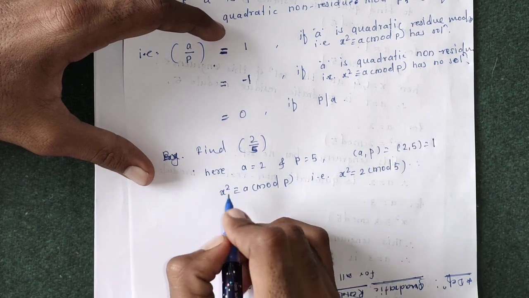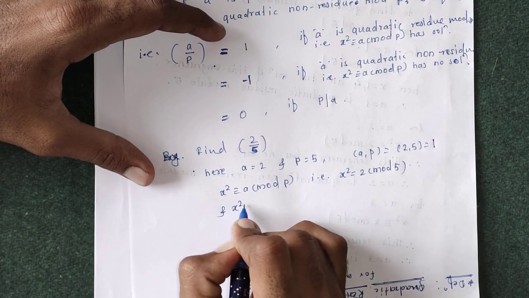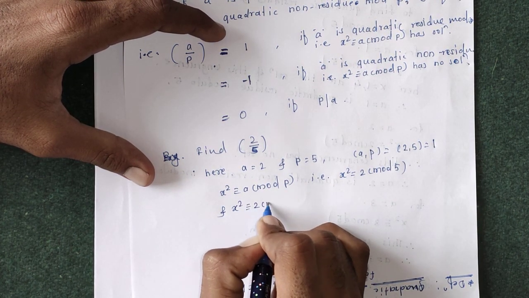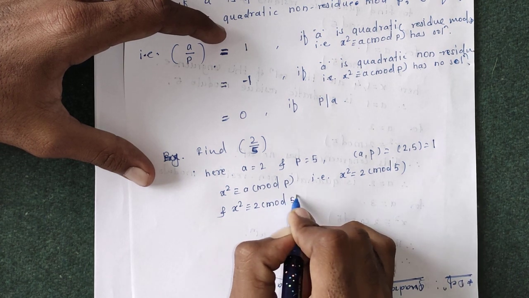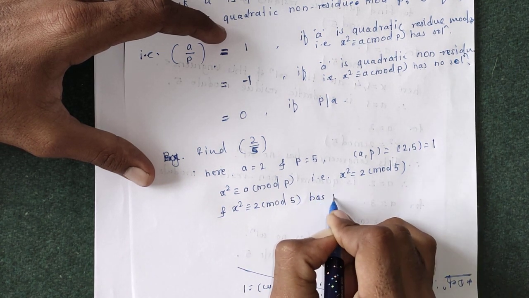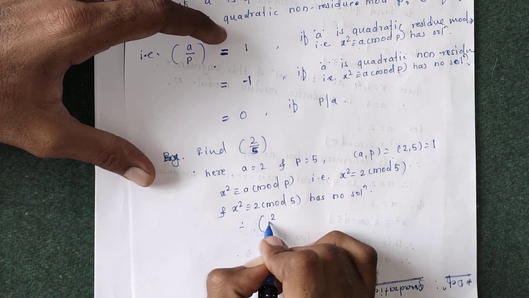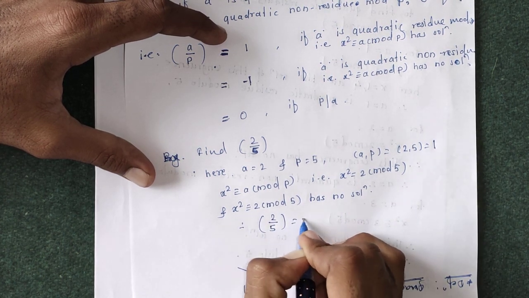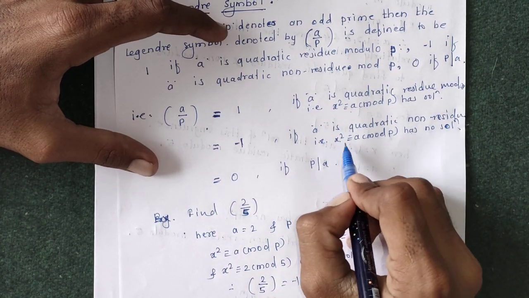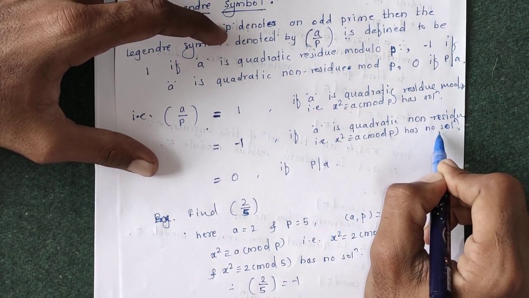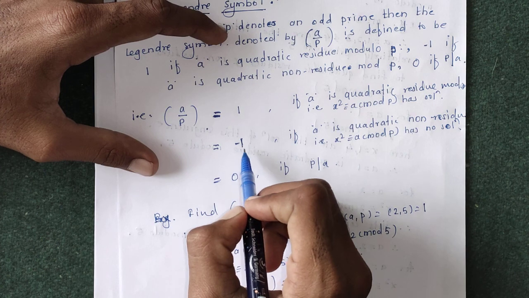Here the congruence x square is congruent to 2 mod 5 has no solution. Therefore, the Legendre symbol of 2 and 5 is equal to minus 1, since the definition says that if the congruence has no solution, then the Legendre symbol of a and p is equal to minus 1.